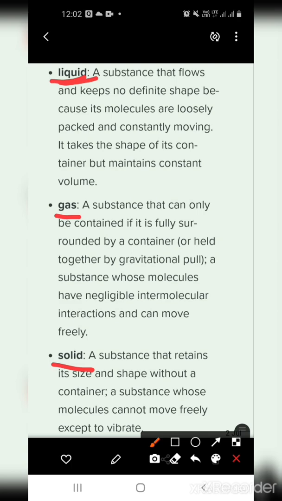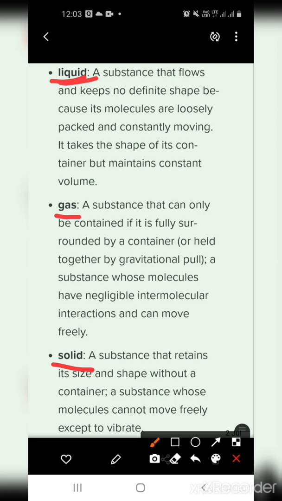It takes the shape of its container but maintains constant volume. It also occupies space, right? So it has volume but it has no shape, right? In liquid. And gas is a substance that can only be contained if it is fully surrounded by a container or held together by gravitational pull, right?